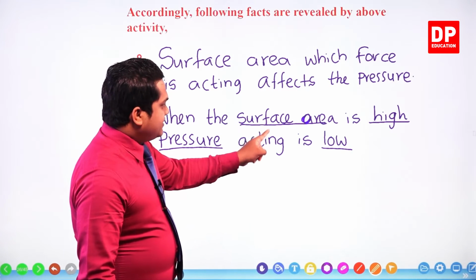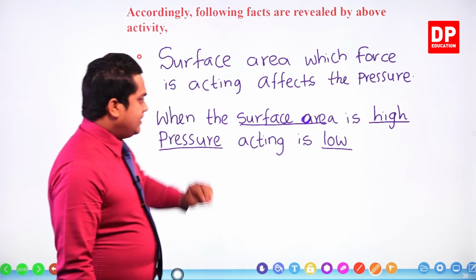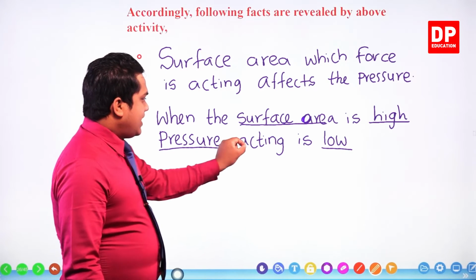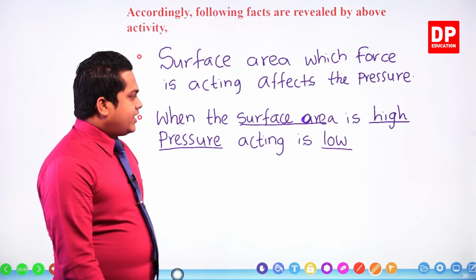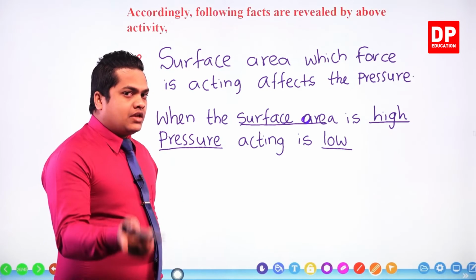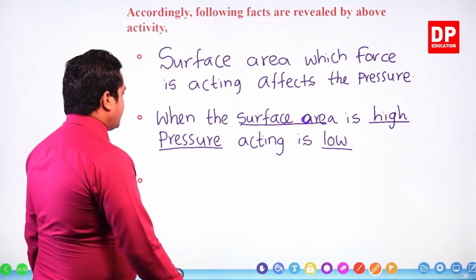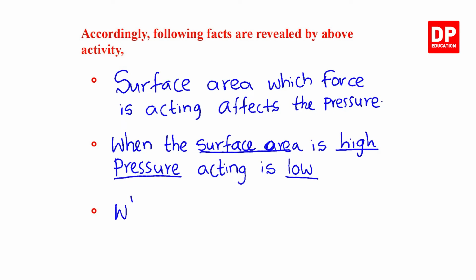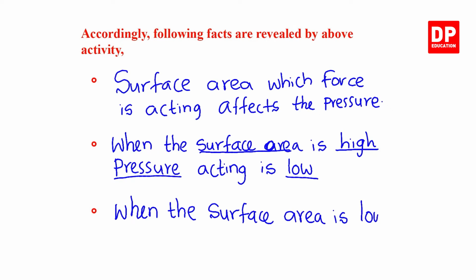When the surface area is high, pressure acting is low, right? Pressure acting is low. The opposite of this, when the surface area is low, right?